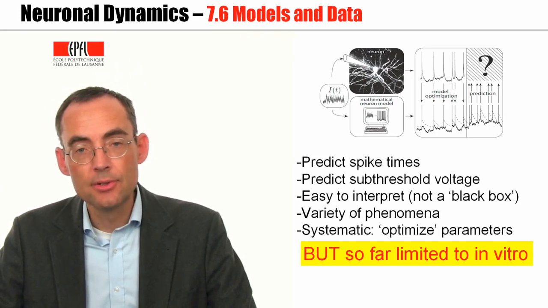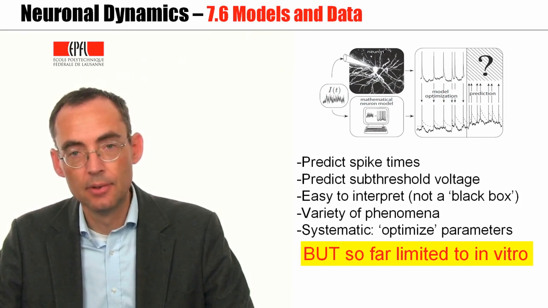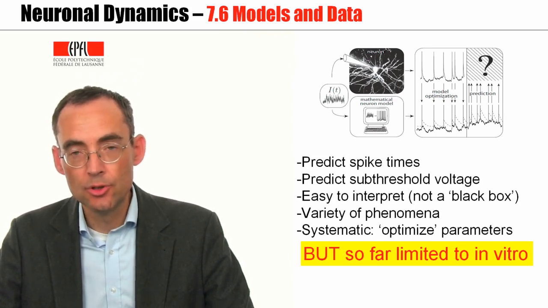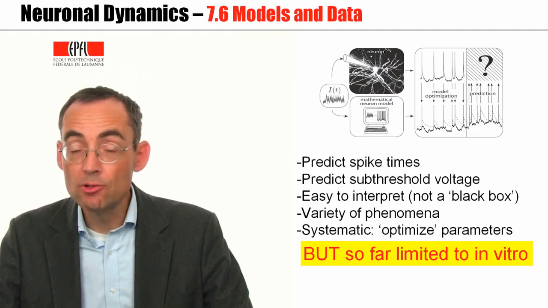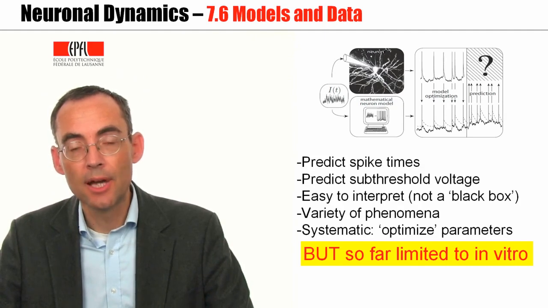Now all this is modeling of in vitro data. An experimentalist injects a current into a neuron and measures the response. Even more interesting maybe is the application to in vivo data. And that's coming next.